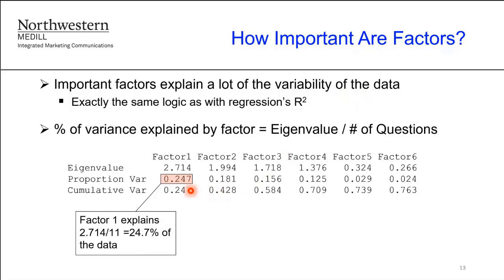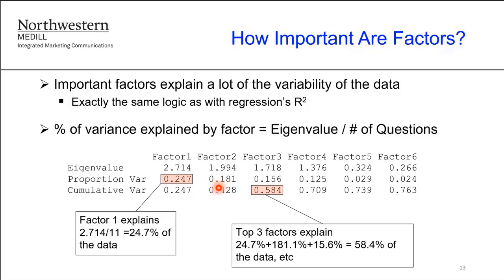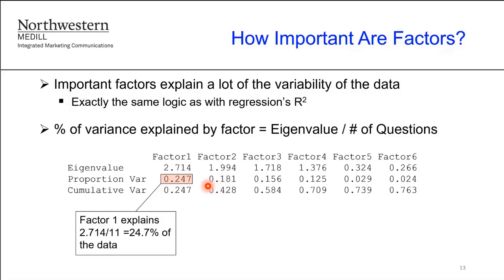And what about factor 2? If you compute the proportion of variance using this formula, you get 0.18. So factor 2 explains about 18% of the data. This is how to compute the proportion of variance.